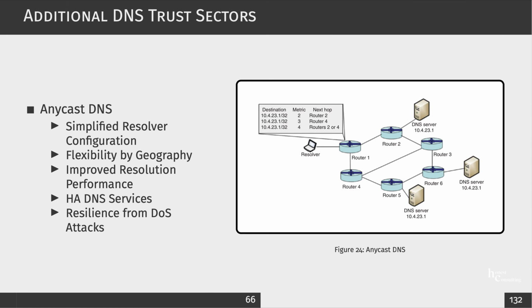There's also something that is pretty cool to configure. It's called Anycast DNS. In that situation, your DNS servers become kind of part of your routing infrastructure. So your DNS servers have to support some routing protocols like OSPF, BGP, or RIP maybe.